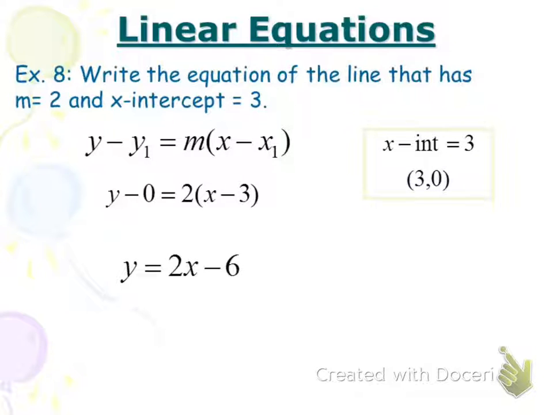Y equals 2x minus 6. Okay? So the special cases and the ones where you have to dig a little deeper, they're usually easier problems if you know your facts.